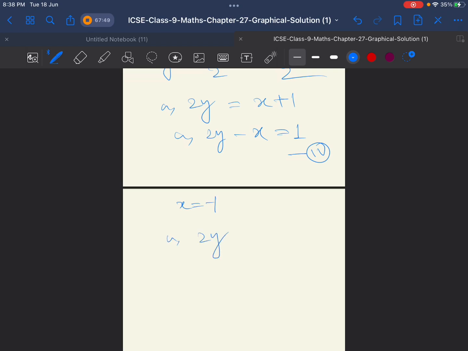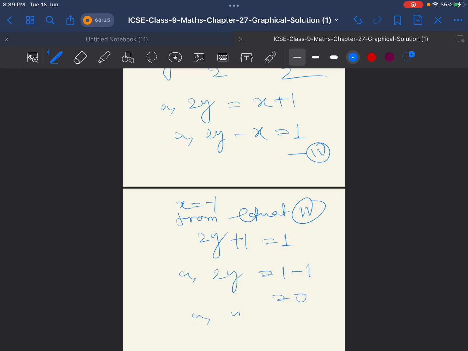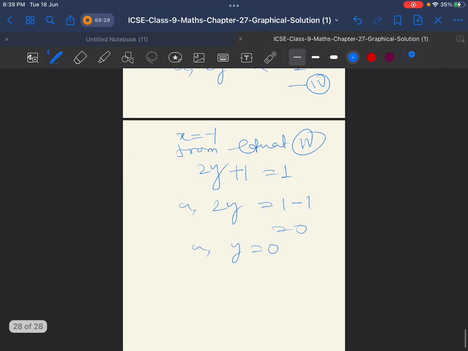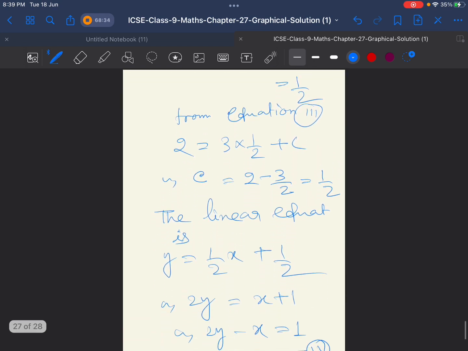This is equation 4. When x equals minus 1, then from equation 4 we get 2y equals x plus 1, with x equal to minus 1, so minus 1 plus 1, or 2y equals 0, or y equals 0.